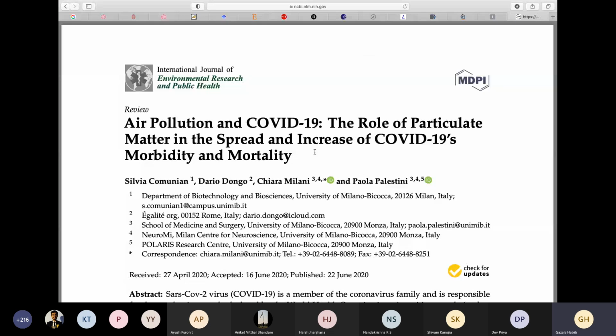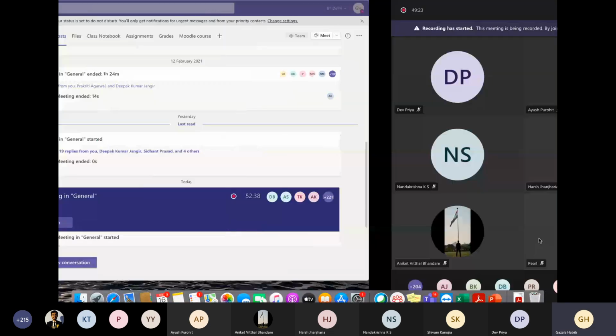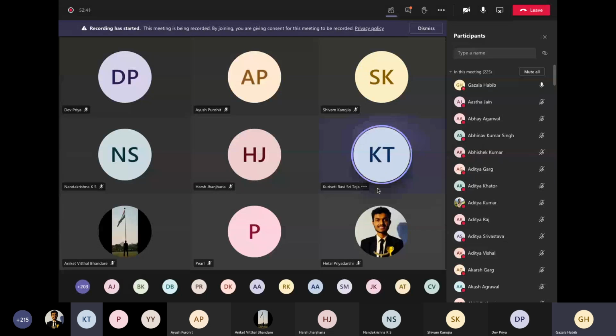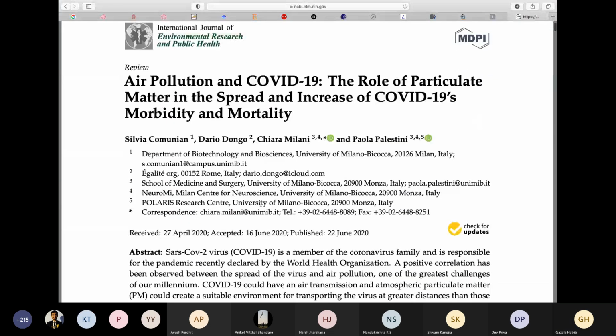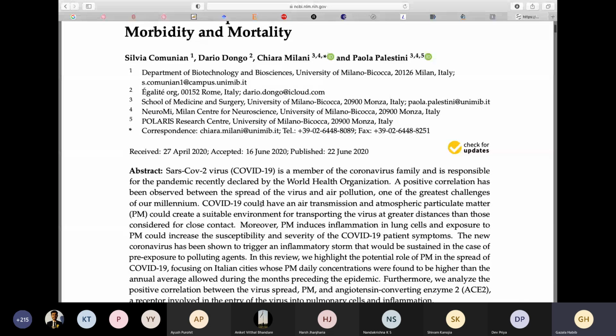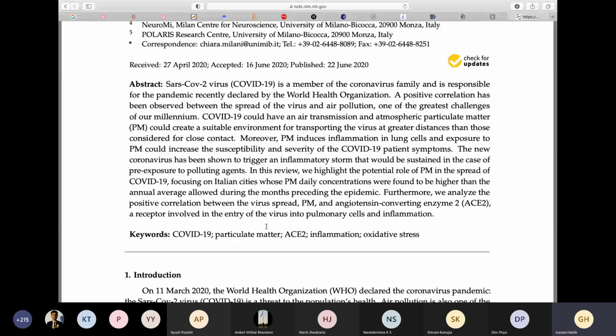Can you see? I think I have the screen share. Yes, ma'am. Can you see the paper which I have downloaded? This is from Italy. What they are saying: the SARS-CoV-2 virus is a member of the coronavirus family and is responsible for the pandemic recently declared.